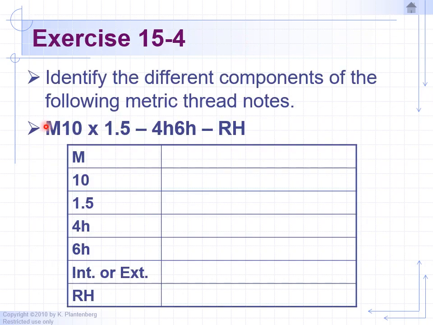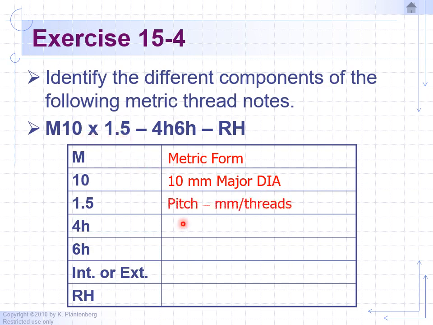Okay, so let's practice calling out a metric thread. Once again, the M tells us that we're dealing with metric form and not inches. And the 10 tells us we're dealing with a 10 millimeter major diameter by 1.5. 1.5 is the distance between the threads, also referred to as the pitch.